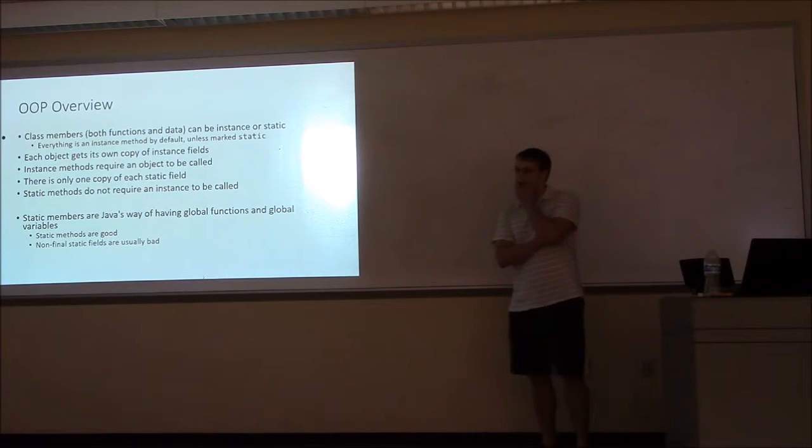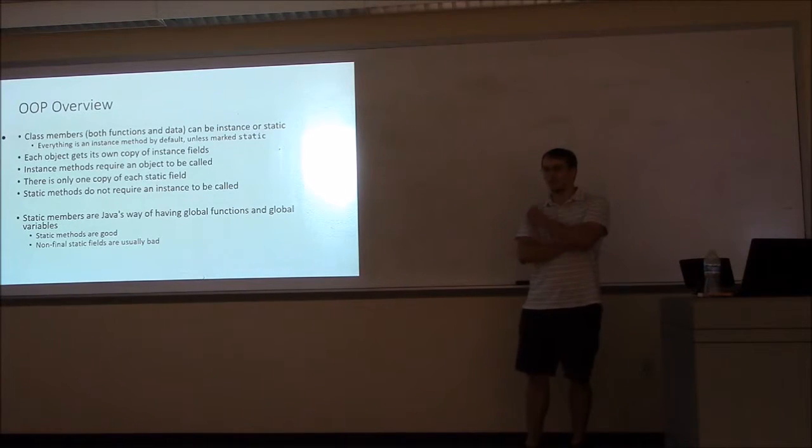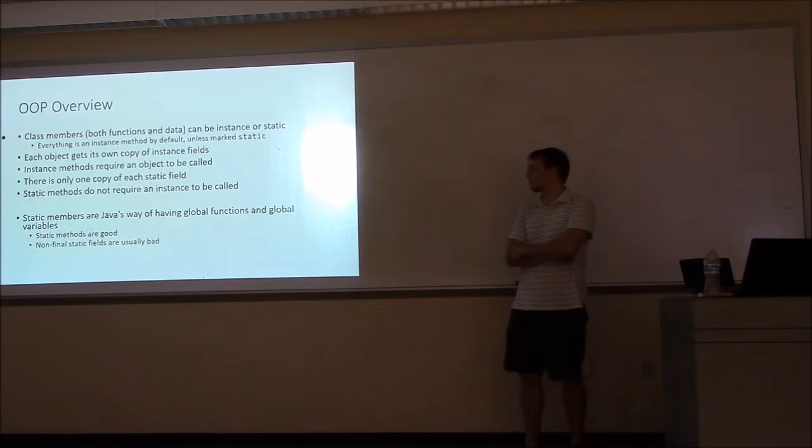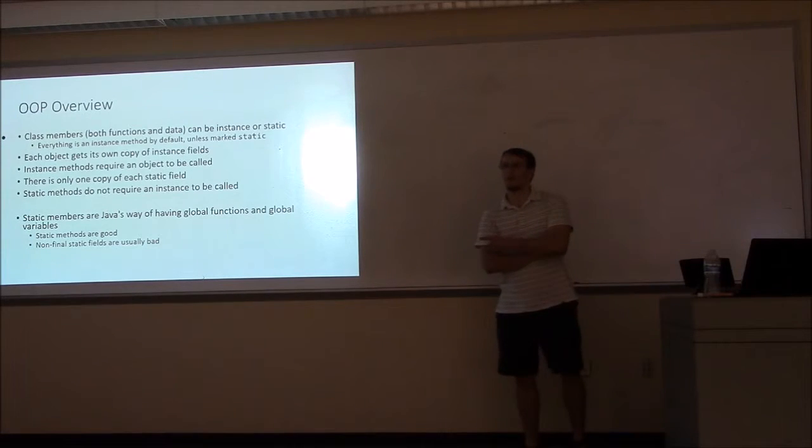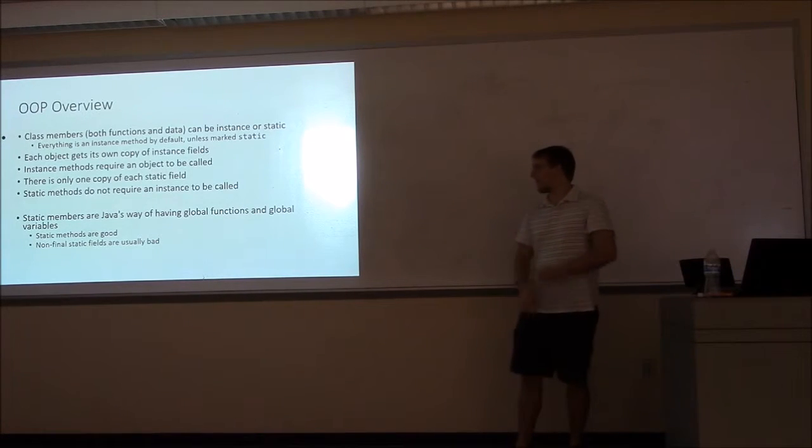The difference is that every new instance of a class gets its own copy of instance fields, and to call an instance method, you have to call it on an instance of the object. Whereas with static, there's exactly one copy of each static field in a class, and you don't need an instance to call a static method of a class.